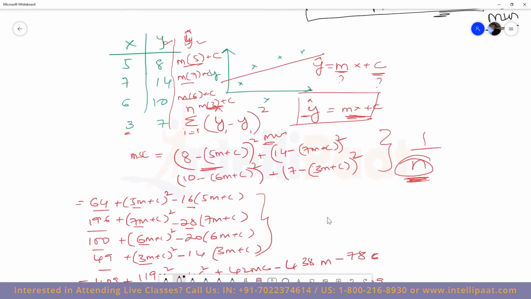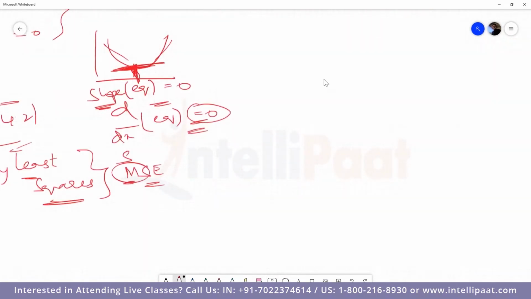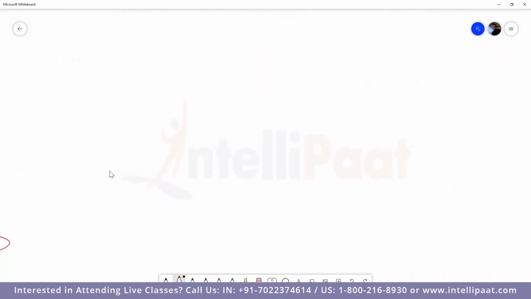A multiple linear regression process remains the same. Of course, the process will remain the same. The only thing is that instead of fitting an equation that looks like this, we could typically generalize the linear regression equation into something like this. If it is a single variable, predicted value is equal to beta naught plus beta 1 times x.